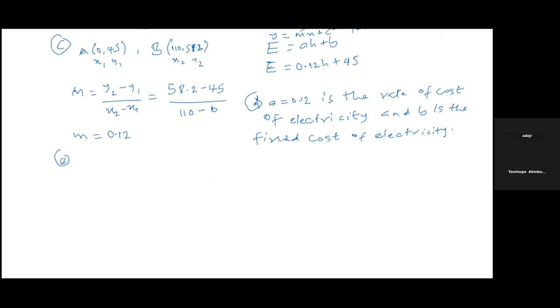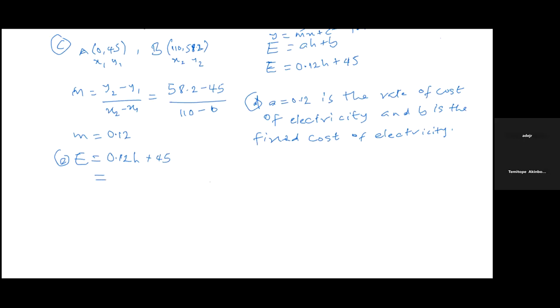We are going to use our model that we have established from the data given to us in the table, which is E equals 0.12H plus 45. So the 65 kilowatt hour that we are looking for the cost implies that H is 65. So you substitute 65 for H in this model.